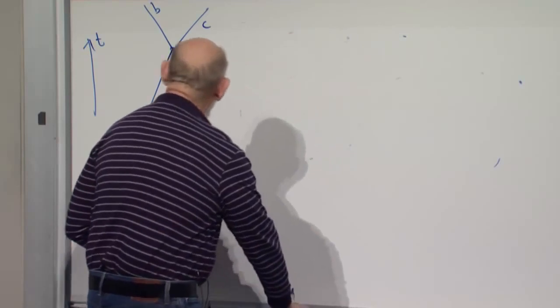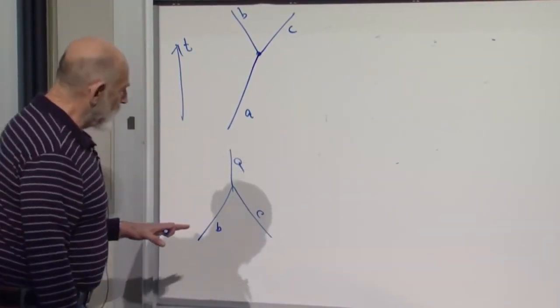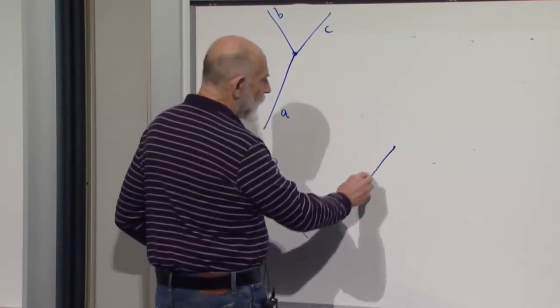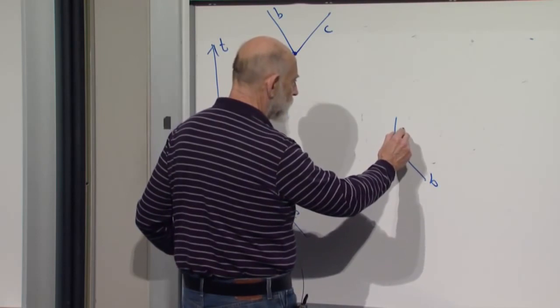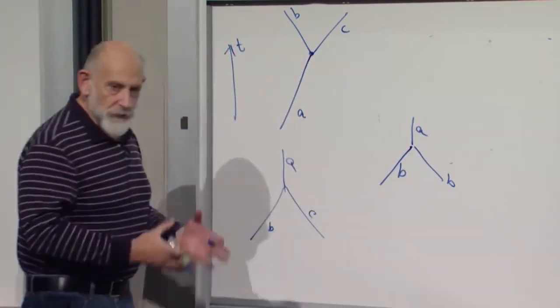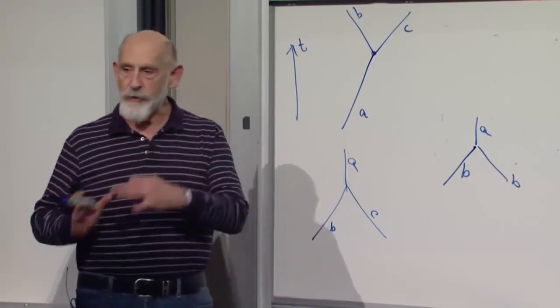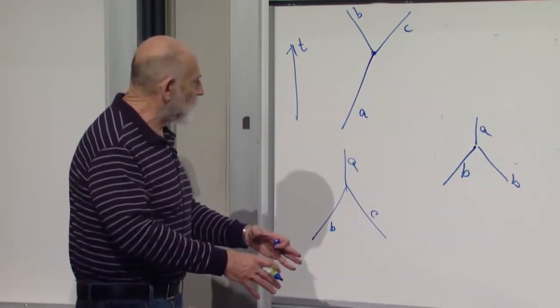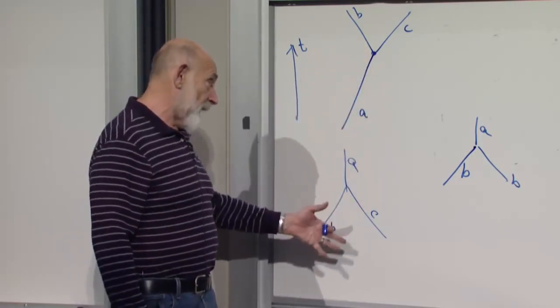And the pictures say that in lowest order, a thing which can happen is B and C can come together and make A. That's just the Hamiltonian itself, or this term in the Hamiltonian. But supposing the Hamiltonian acted again on this. The same term can act twice.